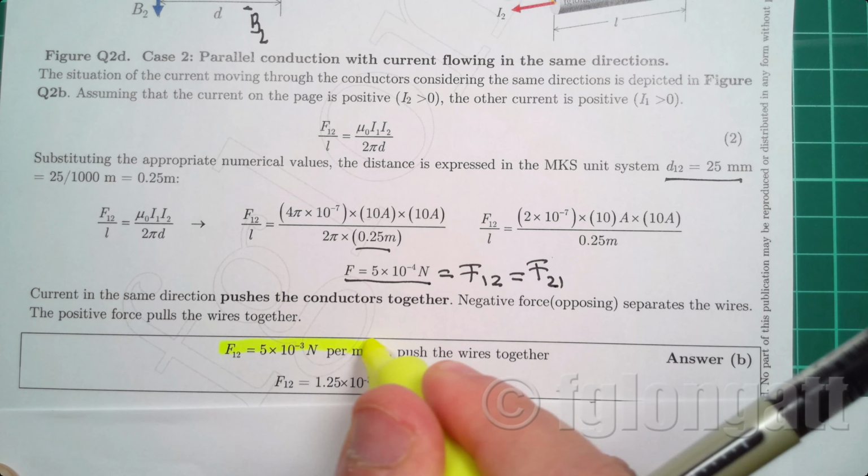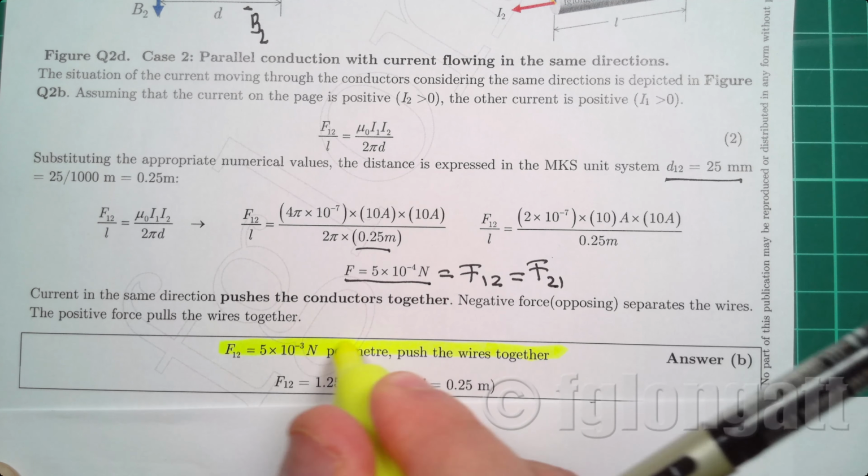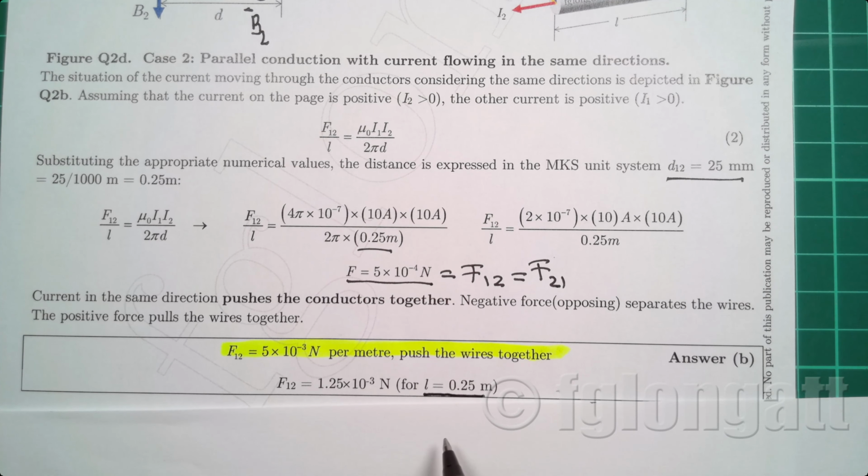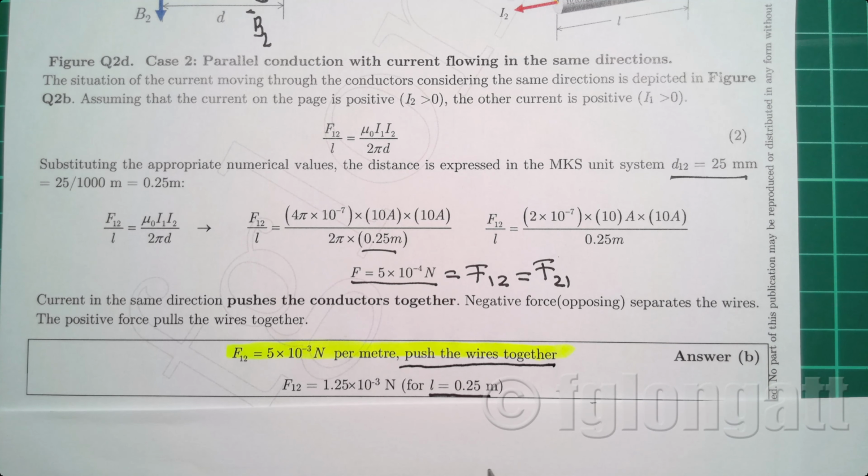The final step is that we care about the force created by only 0.25 meter, so we multiply by the total length, and we obtain that the force is 1.25 times 10 to the minus 3 newtons. In this case, the conductors are attracting each other.